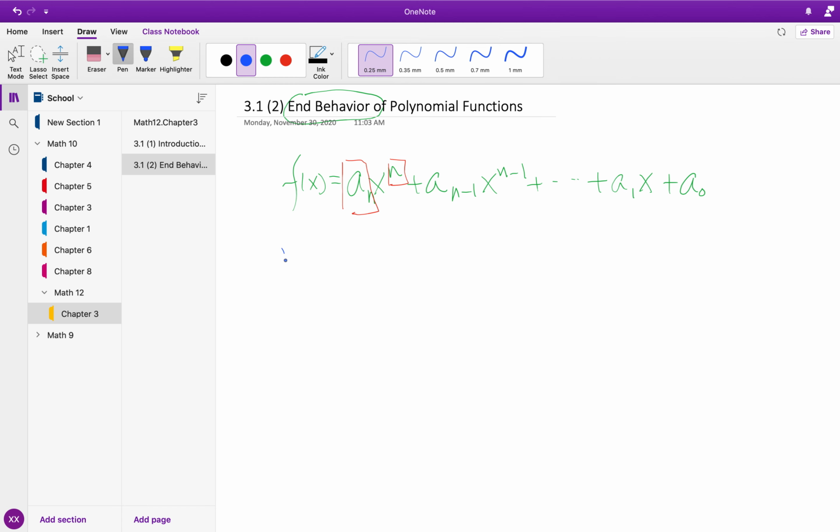when n is an even power, it's an even number. So then in this case, this is the end behavior. There will be always going up.